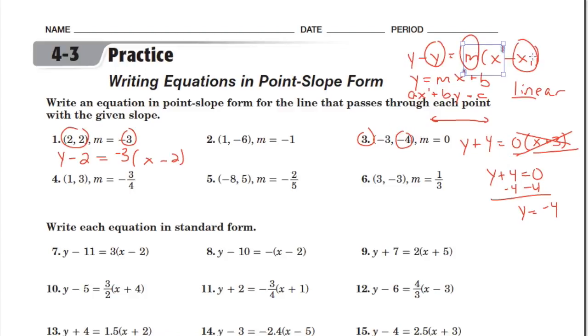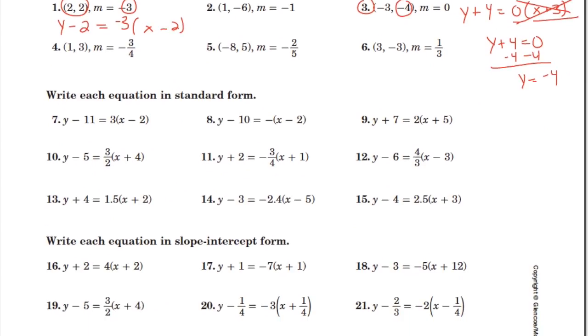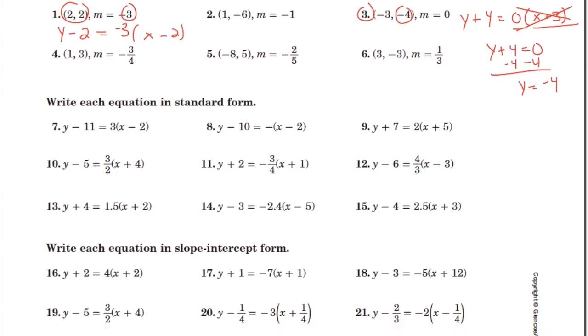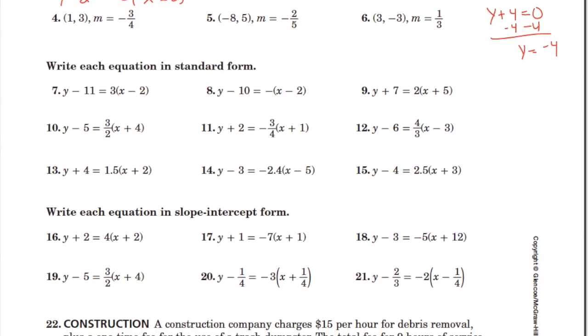For problems 7 through 15, you're going to write those equations in standard form. So in order to write them in standard form, which again is ax plus by equals c, we have to first of all distribute the number outside of the parentheses, in this case the 3, so we have y minus 11 equals 3x minus 6.